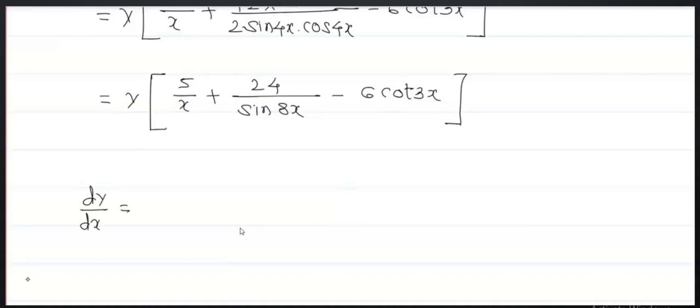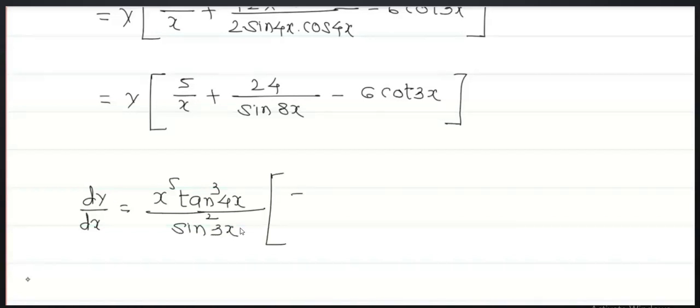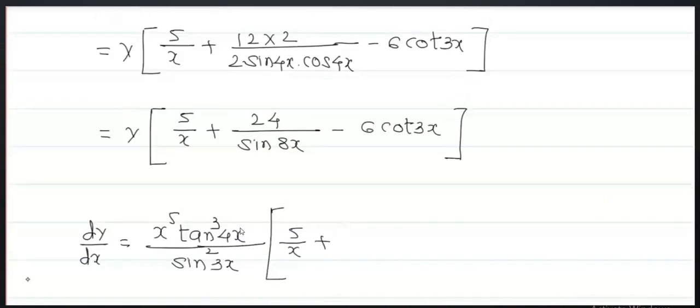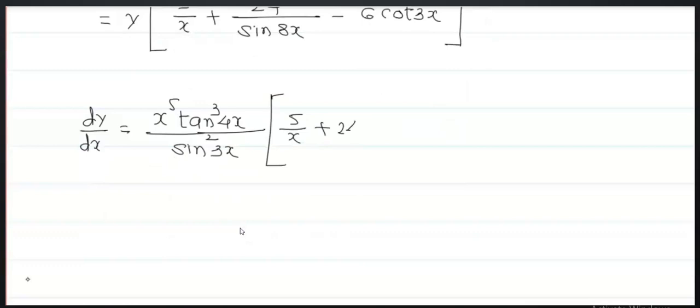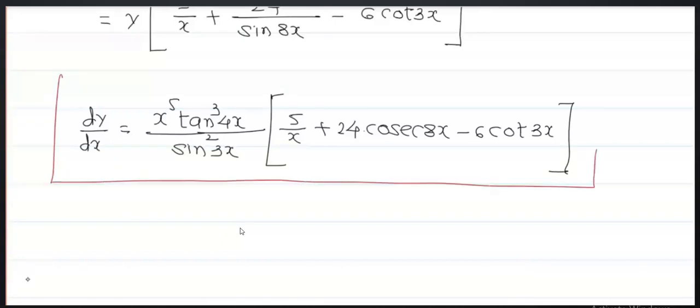Therefore dy by dx is equal to x raised to 5 tan cube 4x upon sin square 3x in bracket 5 upon x plus 24 into cosec 8x minus 6 cot of 3x. This is the answer.